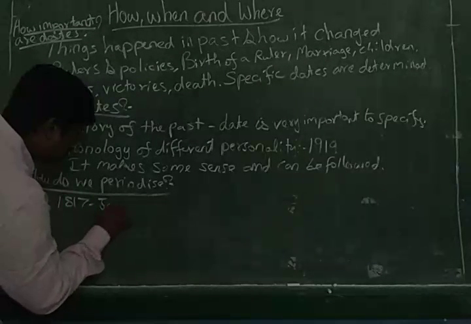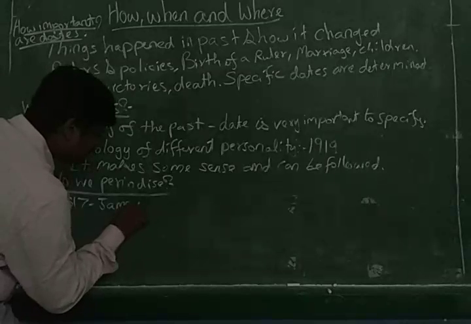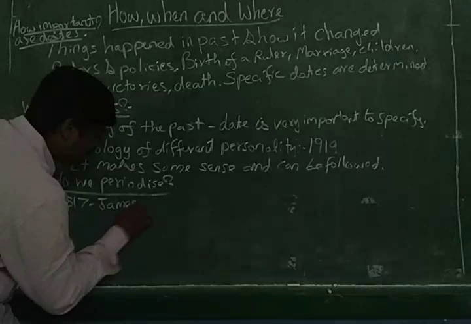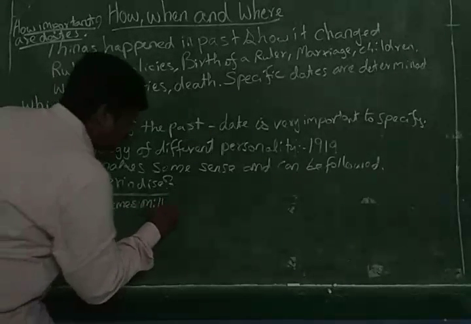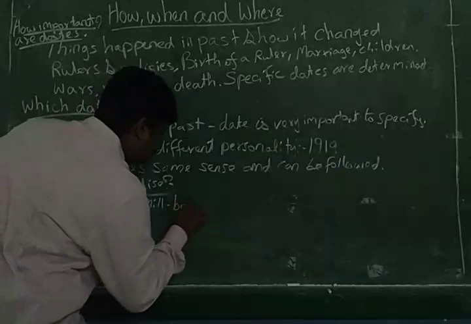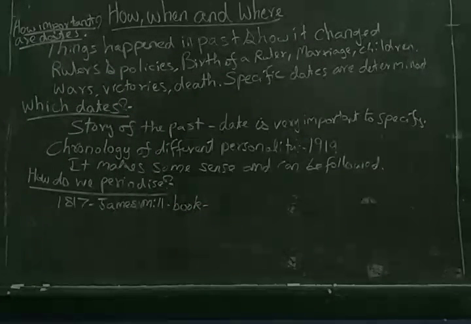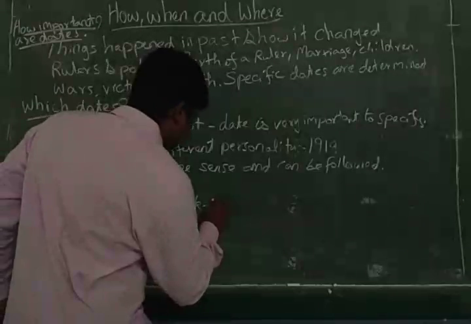At that time, a person named James Mill wrote a book. It is a 3-volume work, and it contains the history of British India.